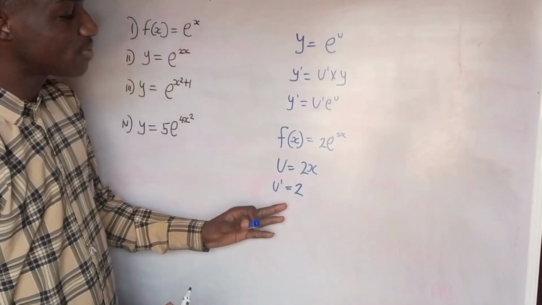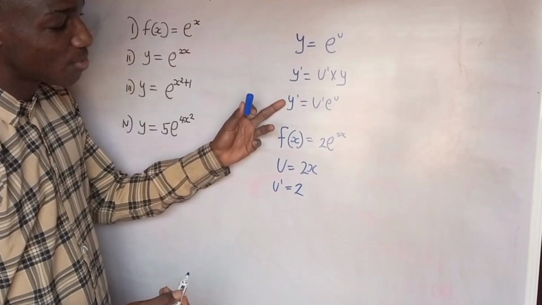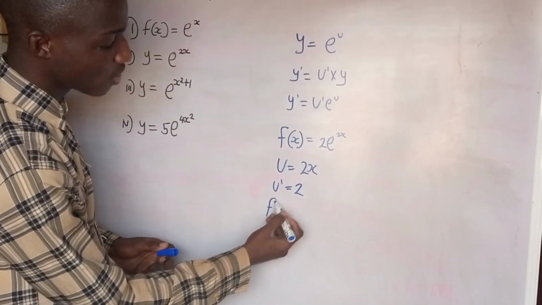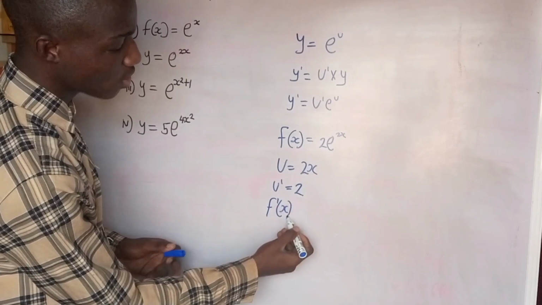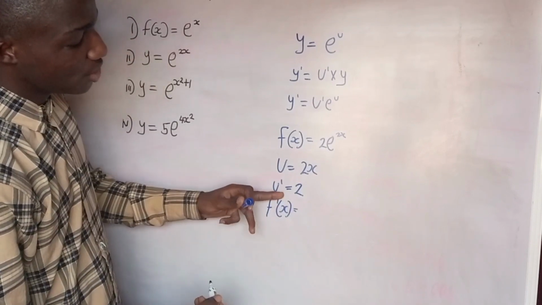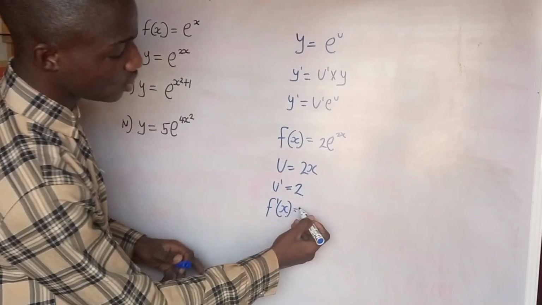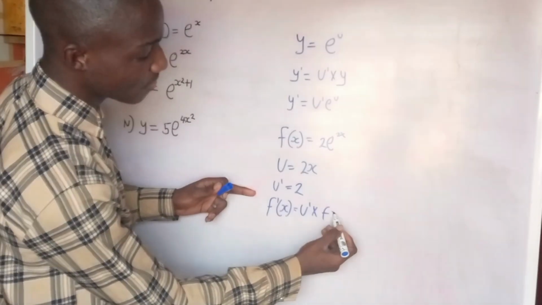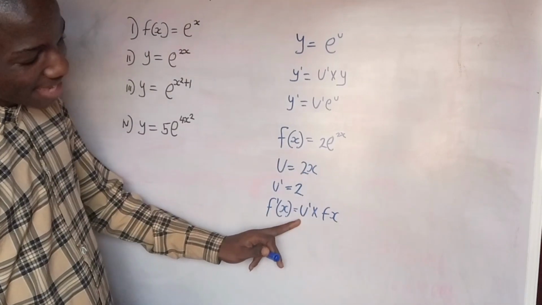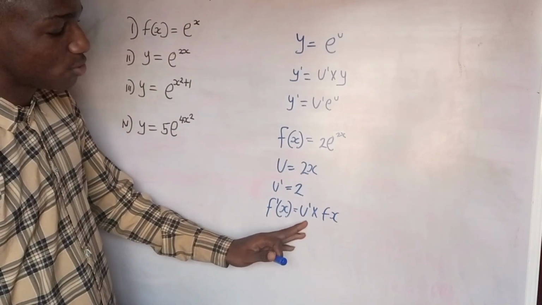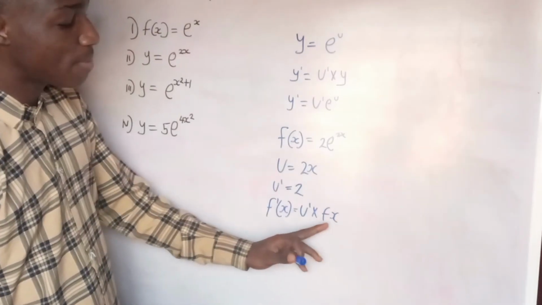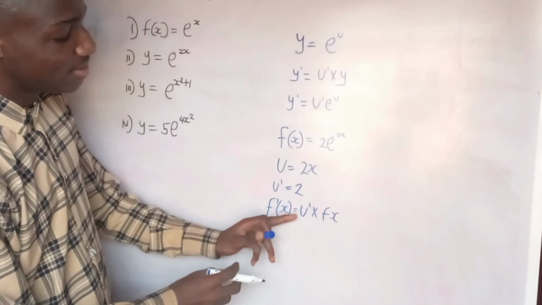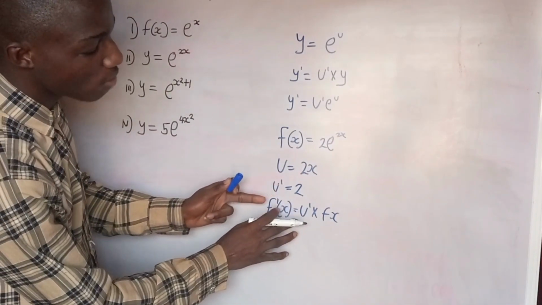After getting the derivative of u, I can proceed to use this formula. The differential form of this function f of x is equal to the differential form of u, which is u', multiplied by the function itself, which is f(x). That is, the first derivative of u multiplied by the function. And don't forget that the first derivative of u is 2.